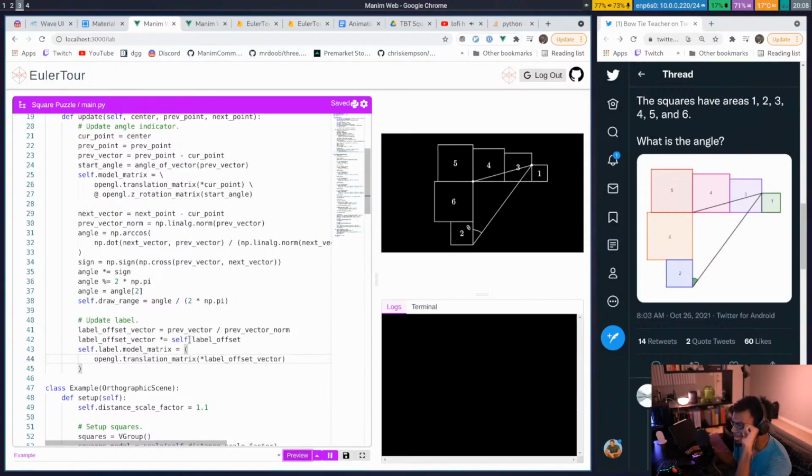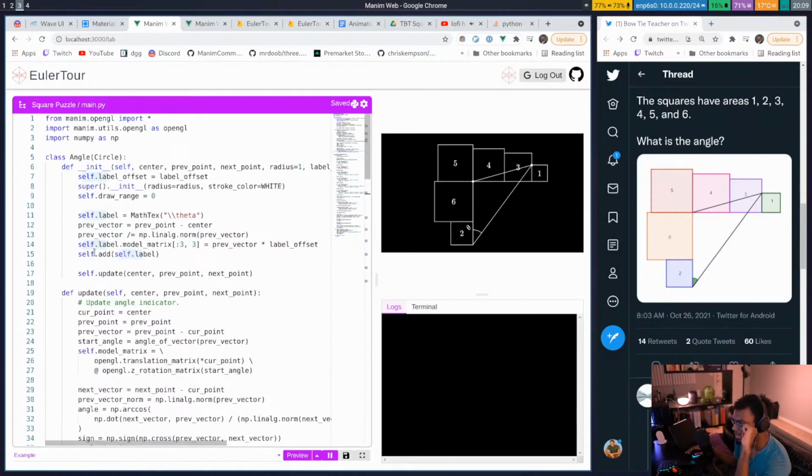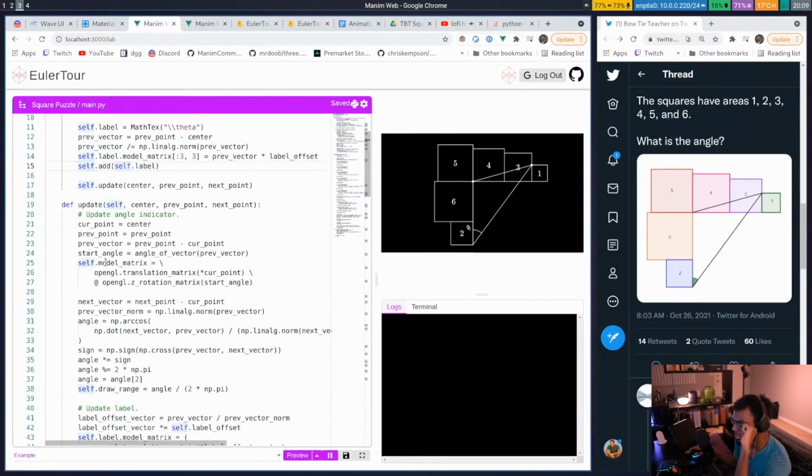Previous vector divided by previous vector norm. The previous vector is here. Self.label, it's added to the current matrix.